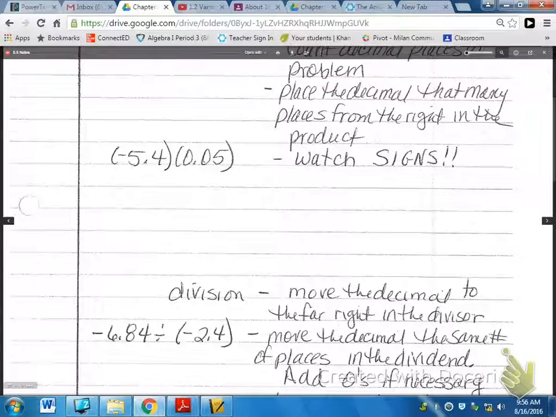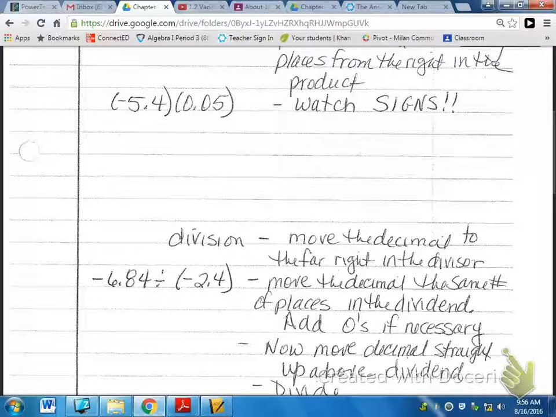So we're going to start with negative 5.4 times 0.05. As I'm doing this problem, I have a negative times a positive, so I know that my final answer will be negative. I would go ahead and just write the problem vertically, like this, 5.4 and 0.05.